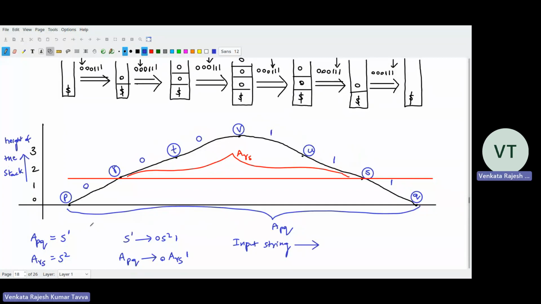Okay, and this is the variable mapping. And this is the rule mapping.